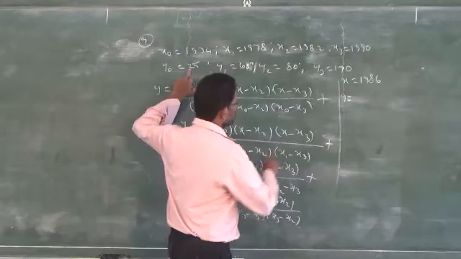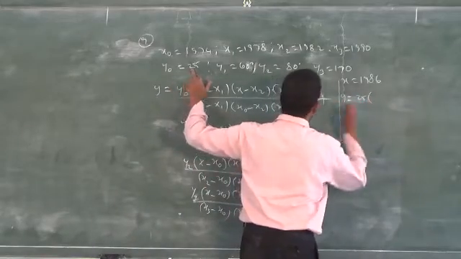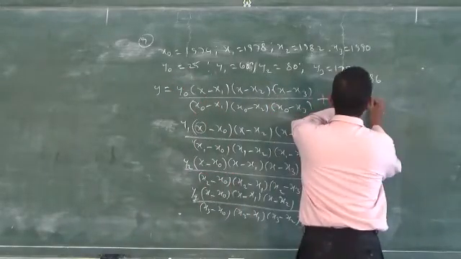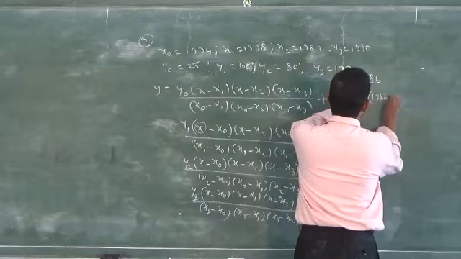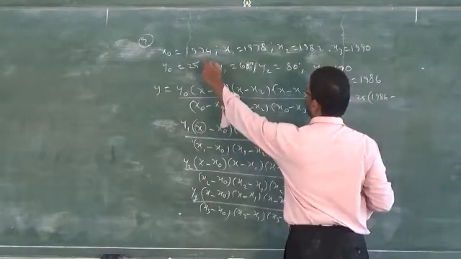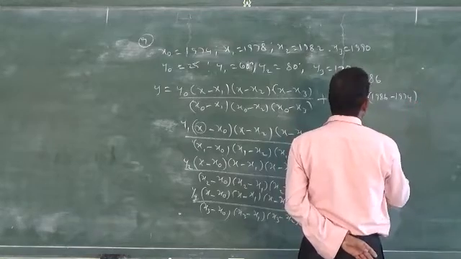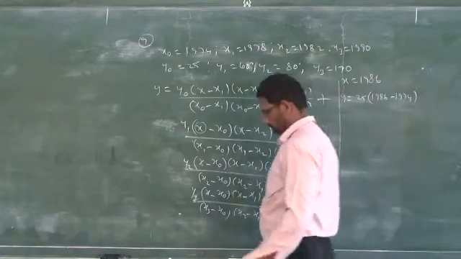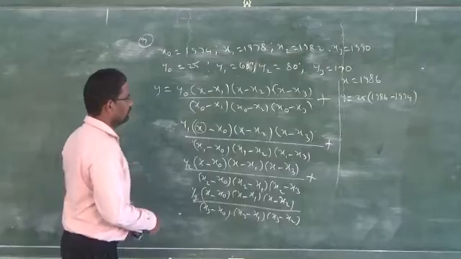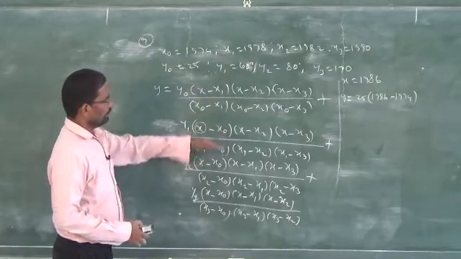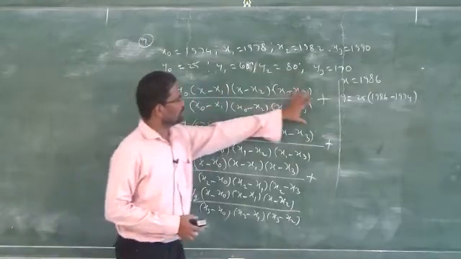What is your y0? 25, bracket. What is your x? 1986 minus what is your x1? 1974. Clear? Memorize the formula, and step by step I can substitute the values and simplify. Clear?